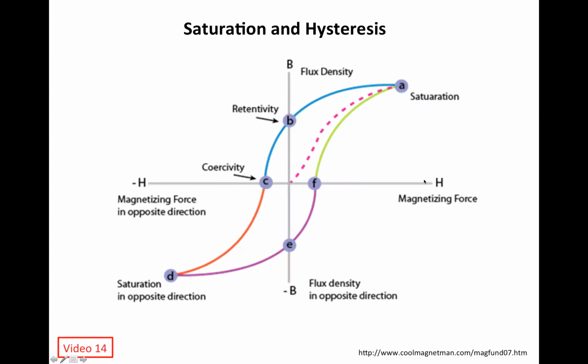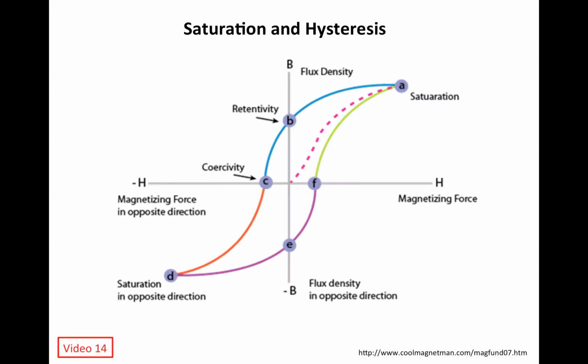In video 14, we were looking at an example of a solenoid. Ampere's law tells us that capital H, the magnetic intensity, is proportional to the current multiplied by the number of turns in the coil. But that only tells us the relation between magnetic intensity and the current. What we're actually using for inducing voltages on the secondary side is the magnetic flux.